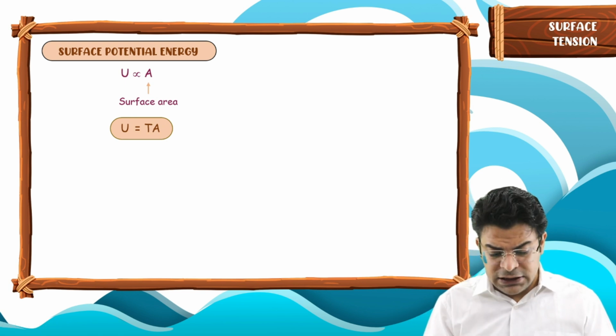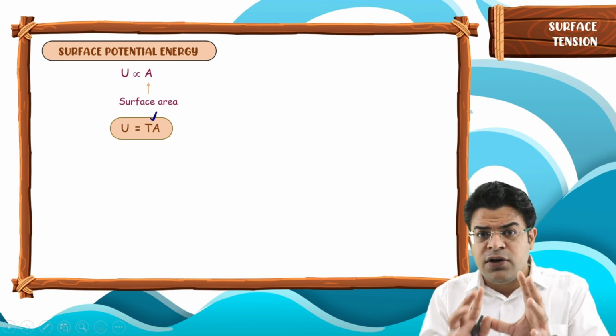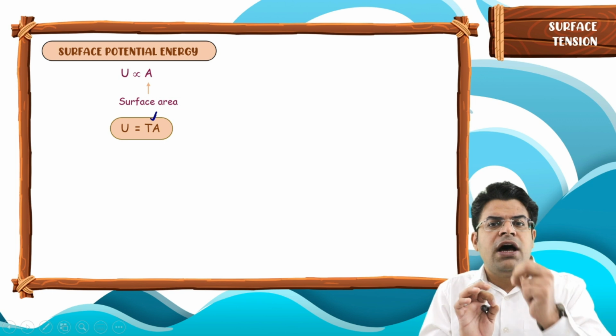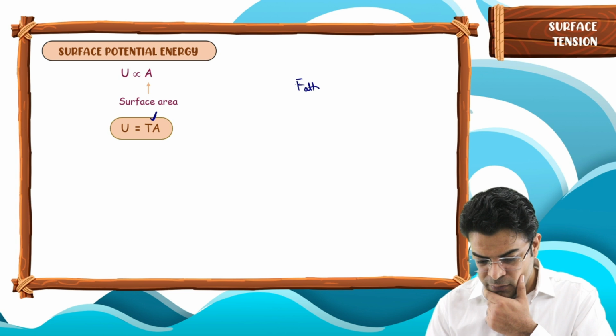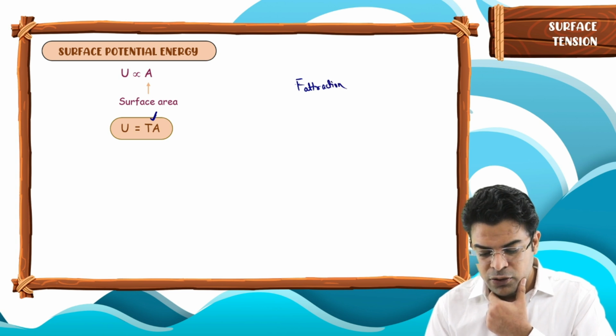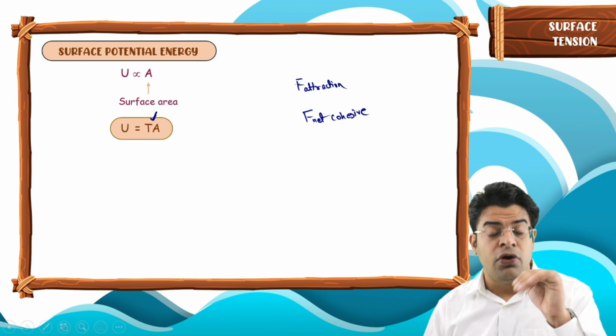Now, for higher surface tension, the attraction force between the molecules has to be large or small? The greater the force of attraction, the greater will be the net cohesive force near the surface.